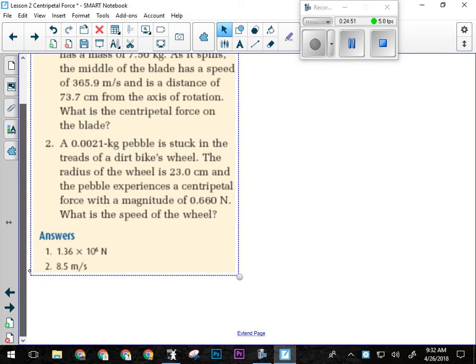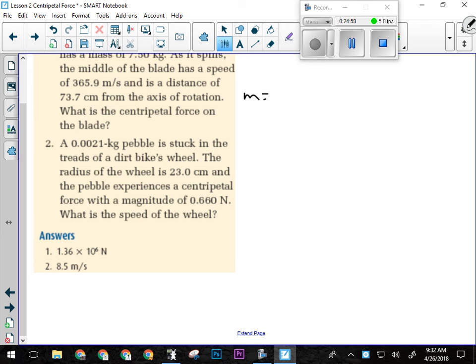So we've got this pebble that's stuck in the treads of a dirt bike's wheel. The radius of the wheel is 23 centimeters. Again, we need that in meters. So we have mass 0.0021, so it's pretty small. The radius is 0.23 meters, and we have a centripetal force of 0.66 newtons. We're looking for v.